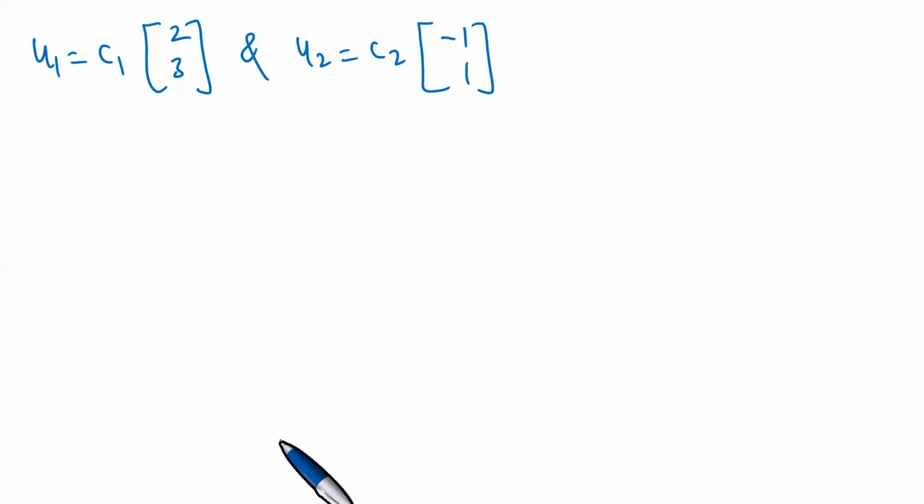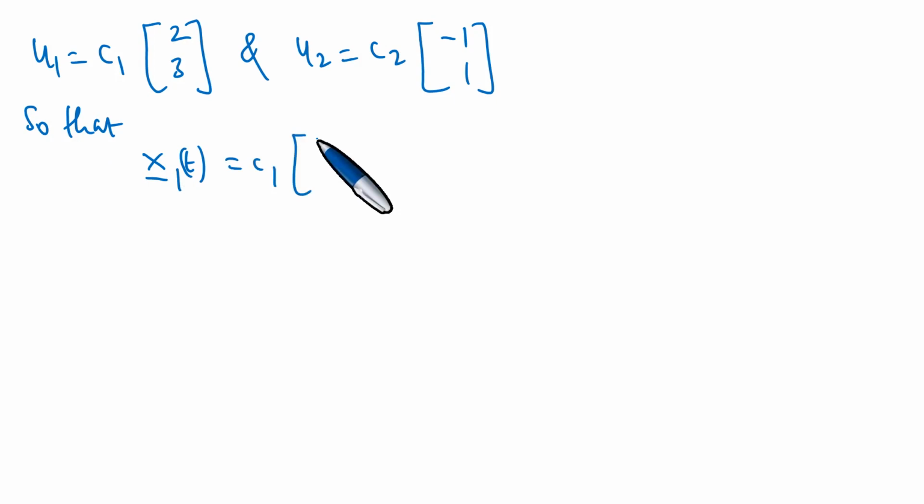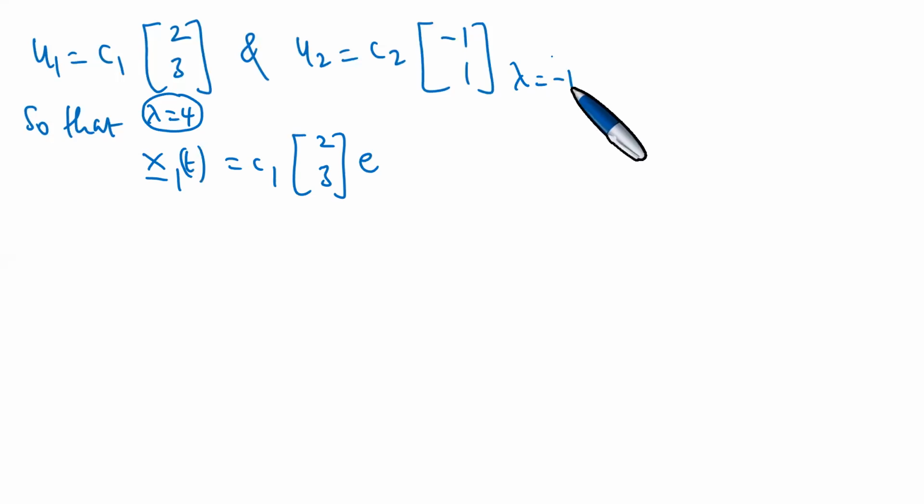Now, from these eigenvectors, x1 of t from the U1 becomes C1 2/3 e to the, okay, this one obviously corresponds to lambda equals 4, and this one corresponds to lambda equals minus 1.